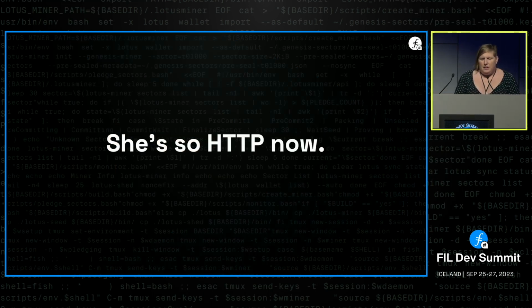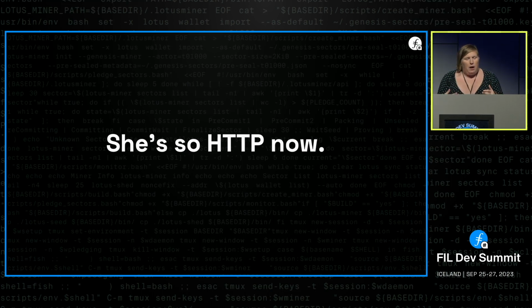First of all, Lassie has gone full HTTP. When I introduced Lassie in April, it always included an HTTP server component, so you can talk to Lassie through HTTP. But initially, Lassie was only able to retrieve content from backend providers over Bitswap or GraphSync.